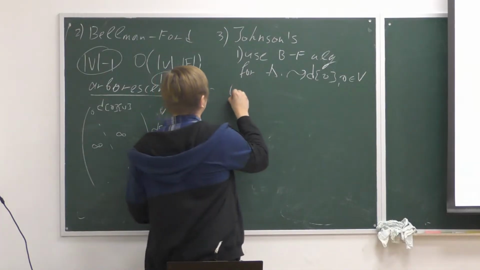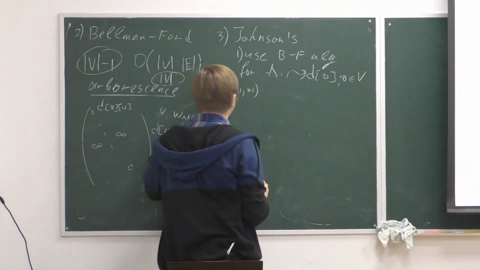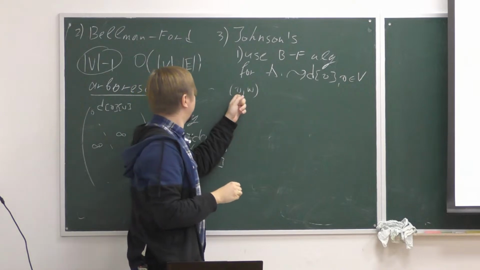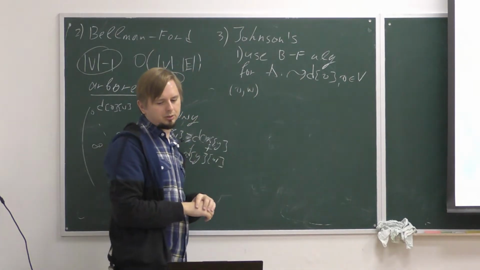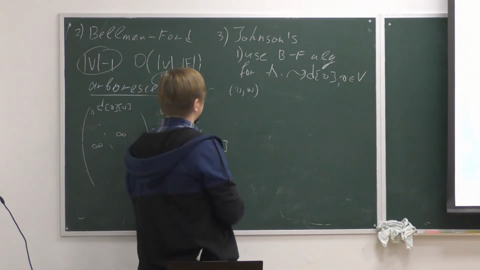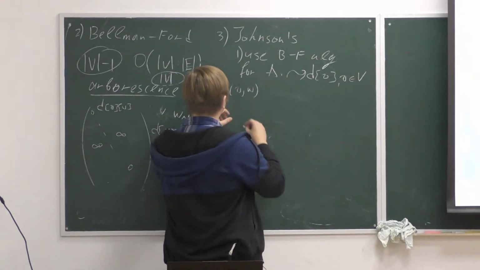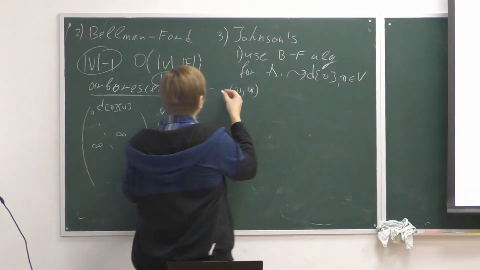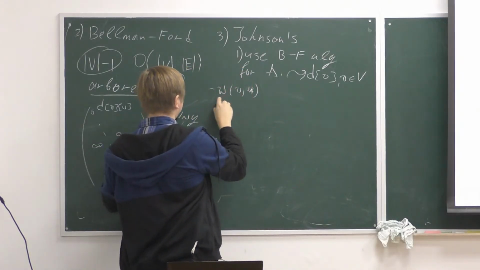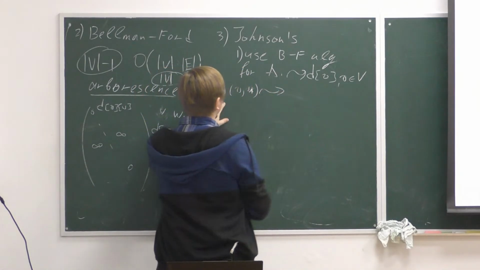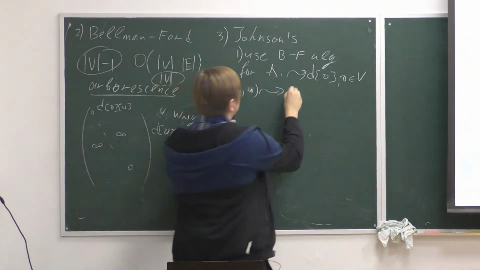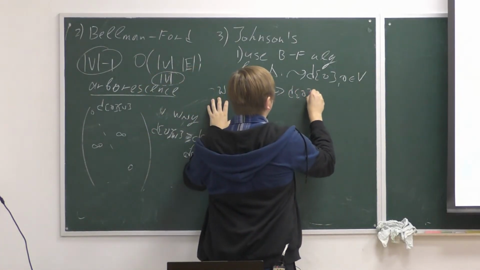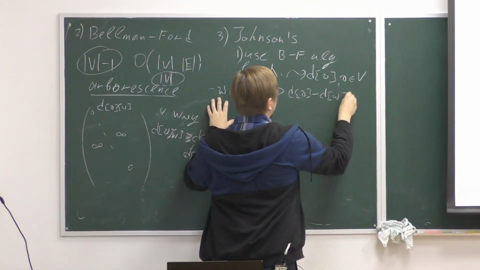We have some weight between vertices V and W, let's denote it by w(V,W), and we change this weight by d(V) minus d(W).